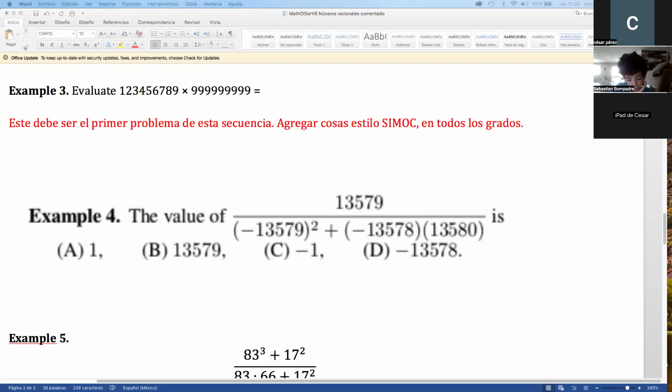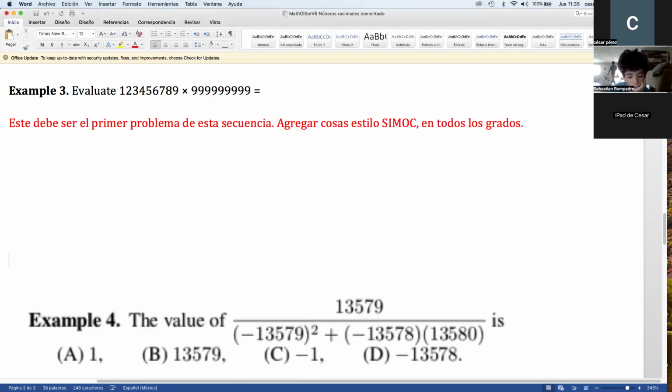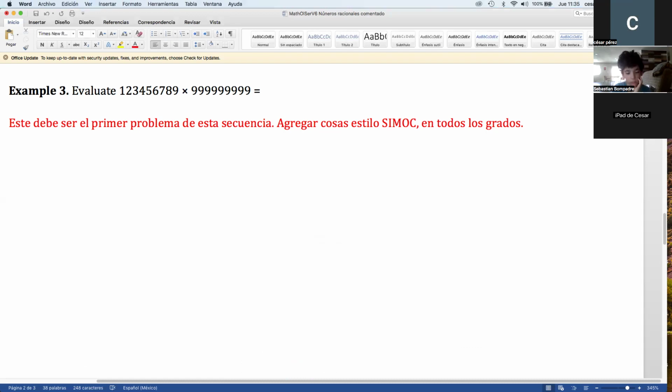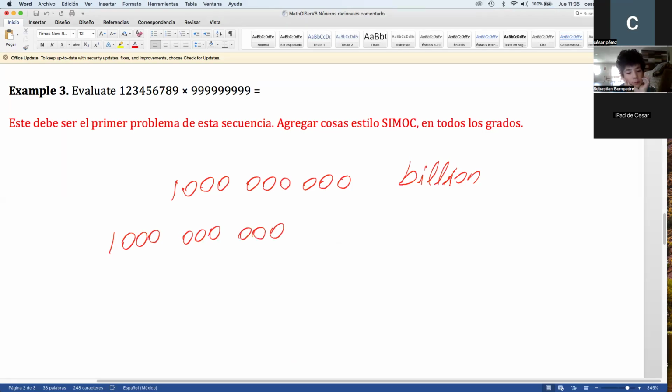Well, there is something strange. Maybe this will sound strange, but in Mexico and in some countries that speak Spanish, you call it this billion, and this, how do you call this? A trillion. Okay.